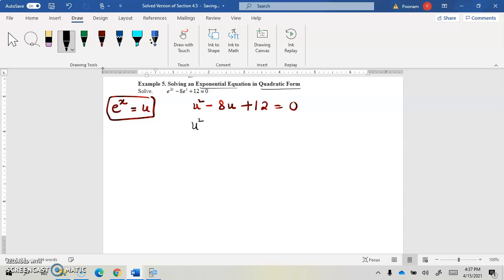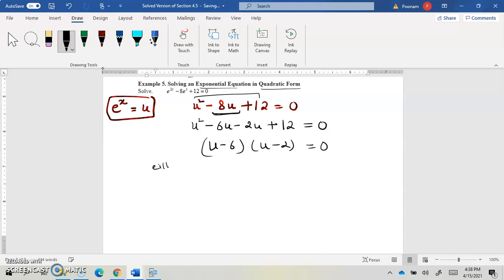So you factorize it by splitting 8u into two expressions such that they add up to 8u, and their product should come out as the outside number. By factoring, I have u minus 6 times u minus 2 is equal to 0.